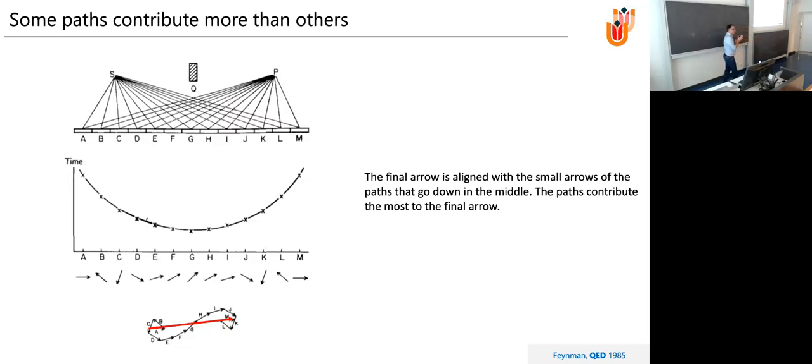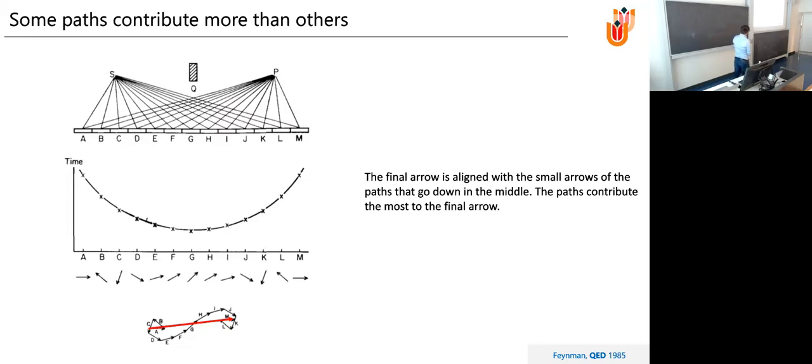There was light emitted from the light source that made its way to the detector at P, and there was a screen at Q that prevented light going straight from source to detector. Now the lines in the top graph represent all possible paths that the light could take in getting from the source to the detector.